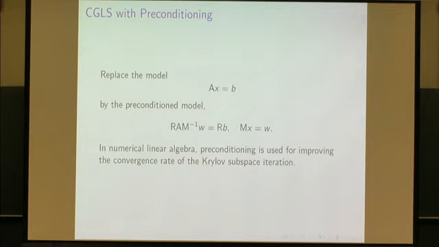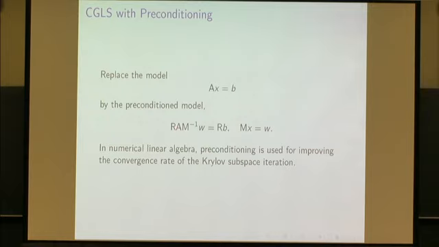Now, let's look at an idea from numerical linear algebra that people are using to speed up the Krylov subspace iteration. If you have AX equals B, and let's say you know some sort of approximate inverse of A, and this is typical, for instance, in finite element calculations, you can try to make your problem a little bit better by introducing what are known as preconditioners.